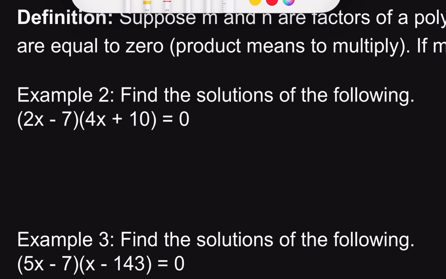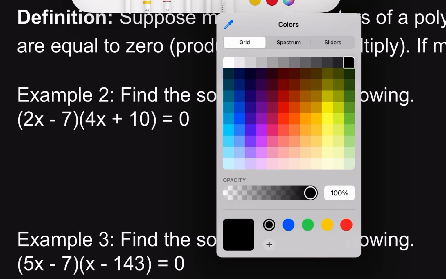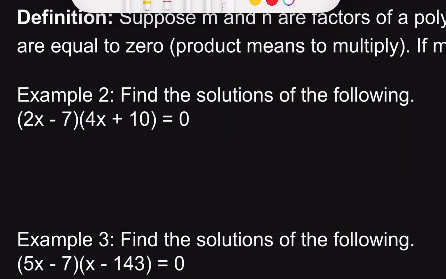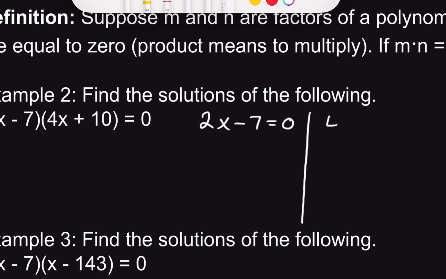Because we're multiplying and it's equal to 0, we're going to set each piece equal to 0 and solve for x. So we're going to have 2x minus 7 equal to 0. And then we're going to have 4x plus 10 equal to 0.